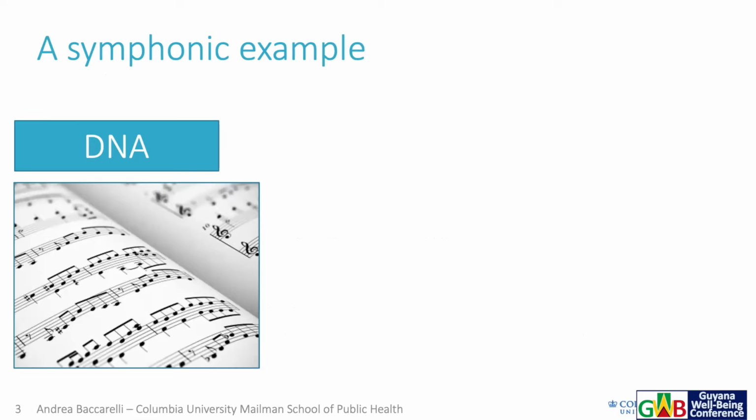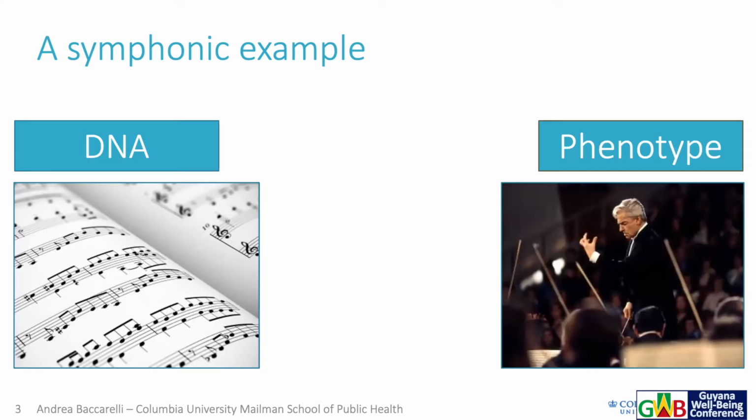And this is particularly important for us because the DNA here is a book of music. It's printed, and you can think how someone who has good musical skills can do a lot with this book, and they can get you a phenotype, which is actually the actual symphony you can attend to and enjoy.